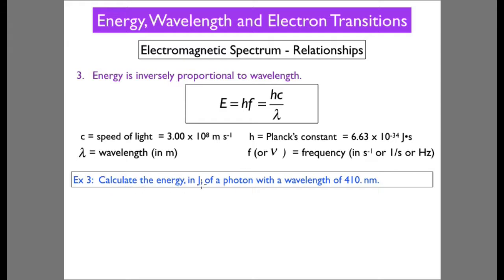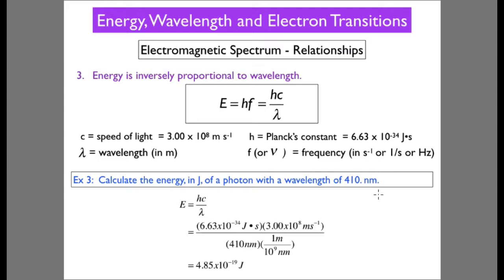Calculate the energy in joules of a photon with a wavelength of 410 nanometers. Use this formula and plug in: Planck's constant multiplied by the speed of light divided by 410 nanometers. But we need to change this into meters, so we use the conversion factor: 1 meter is equal to 10 to the 9 nanometers. And that gives us our answer in joules.